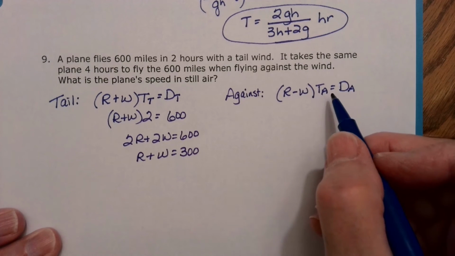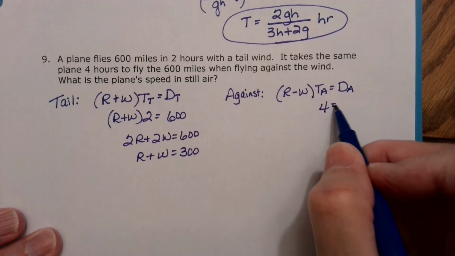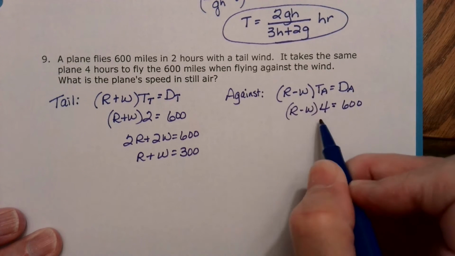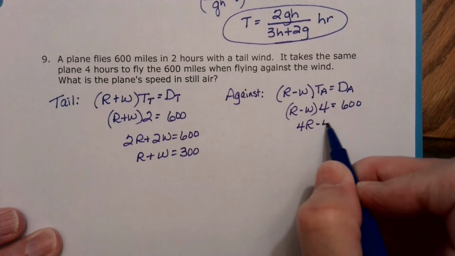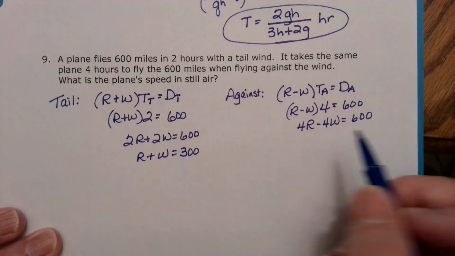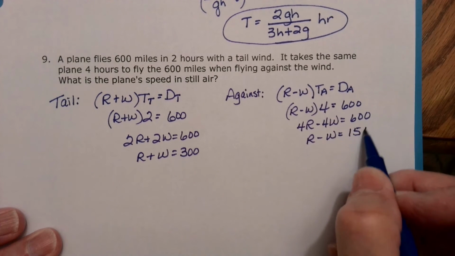Over here, it says that it took him 4 hours against the wind, and he also went 600 miles, so it was the same trip. So we get 4R minus 4W equals 600. Again, I would divide everything by 4, and this is 150.